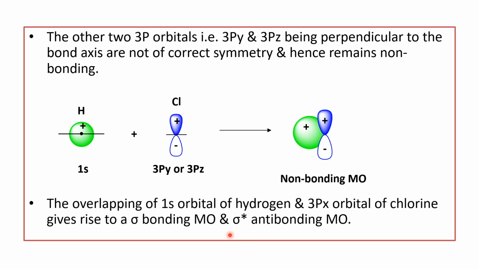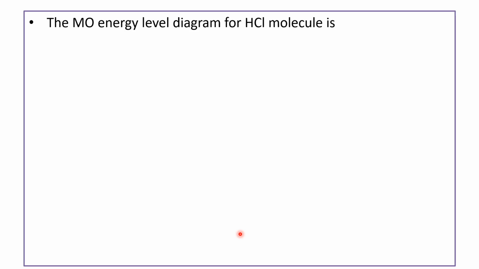So we can say that only the overlapping of the 1s orbital of hydrogen and the 3px orbital of chlorine gives rise to the bonding. Bonding means the sigma MO, and antibonding means the sigma asterisk MO. So let's see the MO energy level diagram for the HCl molecule.